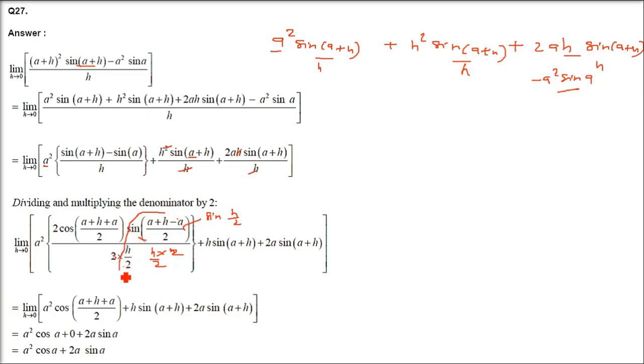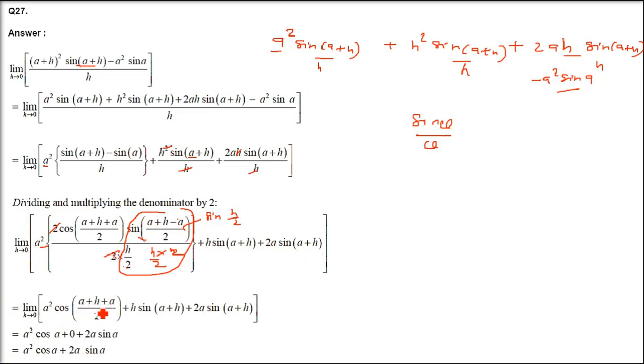So this whole thing is going to be sin theta by theta, and as h tends to 0, it is 1. We have a^2 already there, 2 was there, the 2 gets cancelled here, and cos((2a + h)/2). Now the h sin(a + h) term remains from when we cancelled the h.